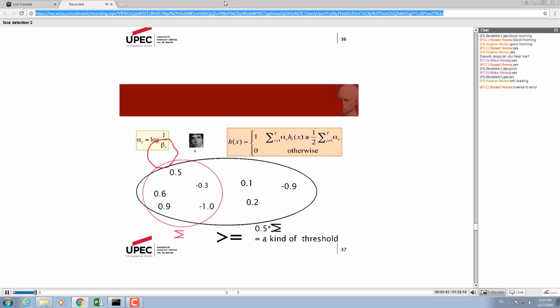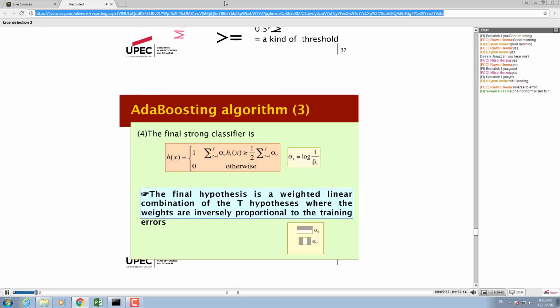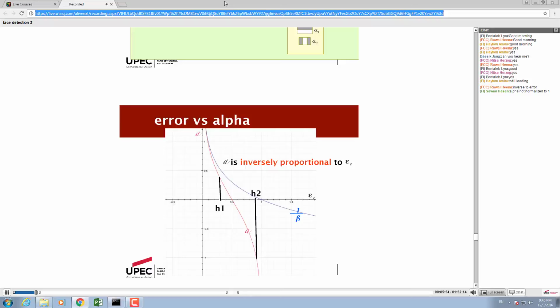Do you have any question before we go? Yes, alpha is not normalized to 1. So as you can see from this graph, right? Error is between 0 and 1, right?